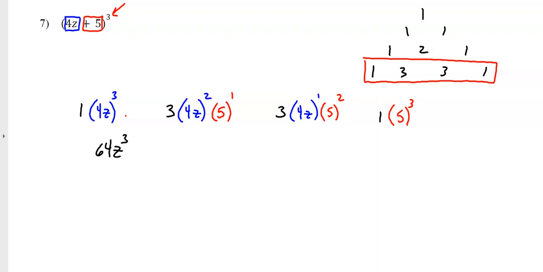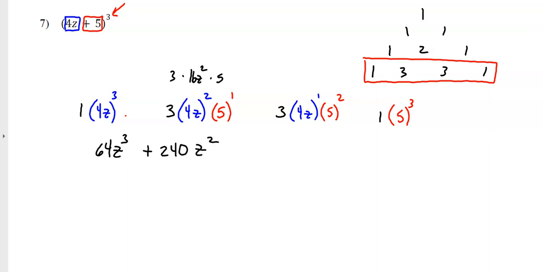Over here, I have 5 to the first, which is 5, times, well, 4z times 4z, that's 16z squared. And I have to multiply by that 3. So 3 times 16 times 5 is 240, I believe, z squared.